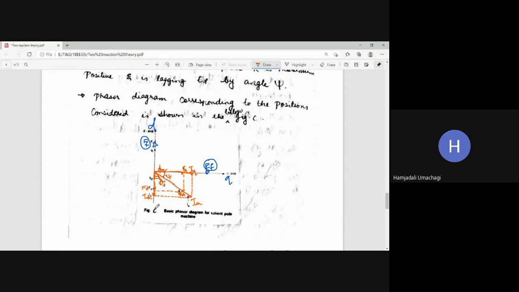And because of these currents, you will be finding what? Armature field, FAR. And this FAR is divided into two components, FQ and FD. This FQ is because of IQ, and all these will be in phase with EF along the quadrature axis. Similarly, ID produces FD, and all they will be along which axis? Direct axis.